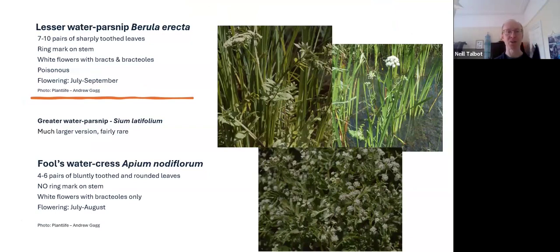Right, so here I've just got 3 species, or there's actually another one in the next slide, that are possible ones that can be confused.